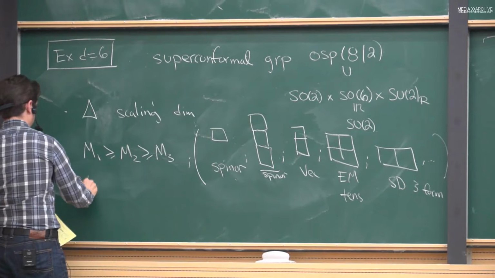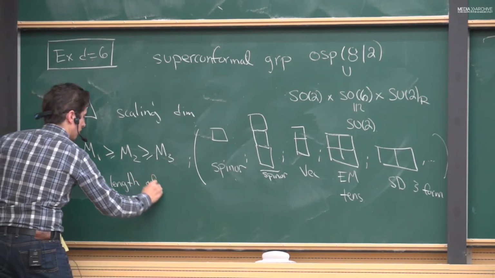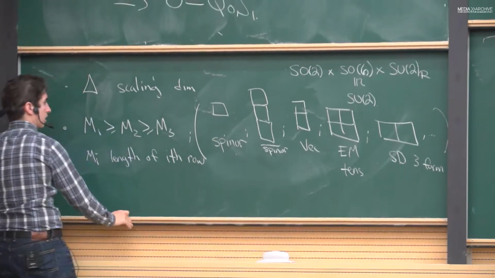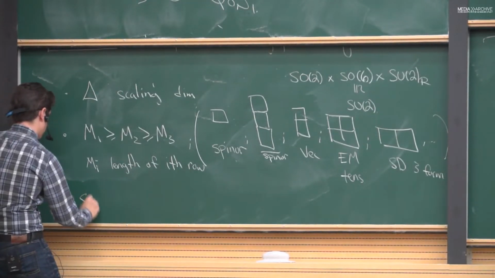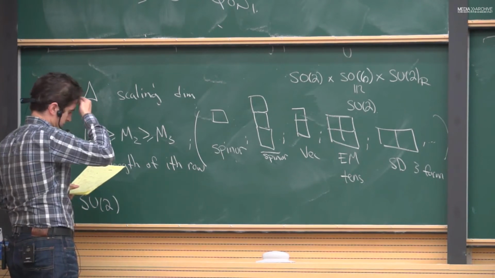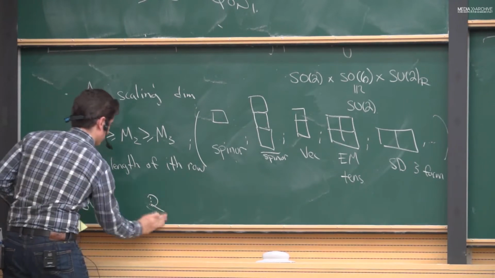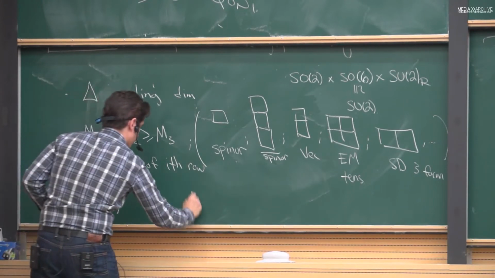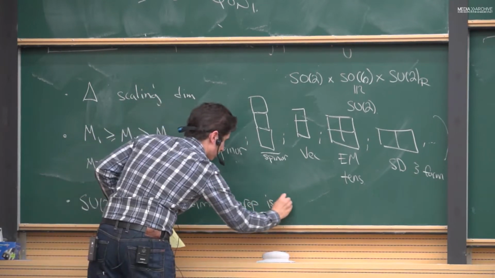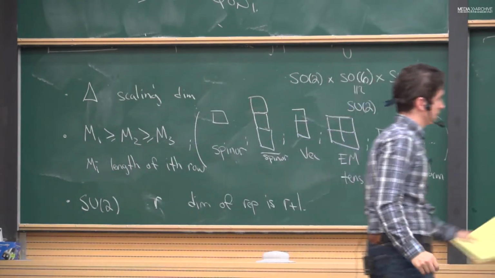So Mi is the length of the ith row. Finally, the convention I'll use for SU(2) is, let's see, what is my convention? I'll label them by an integer r, little r, where the dimension of the representation is r plus 1. Okay, so this is my list of conventions.